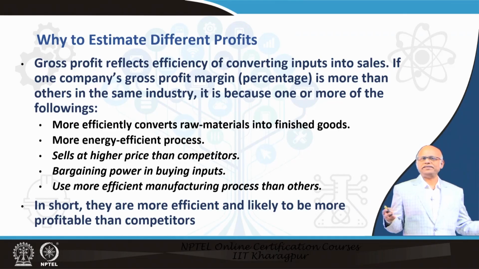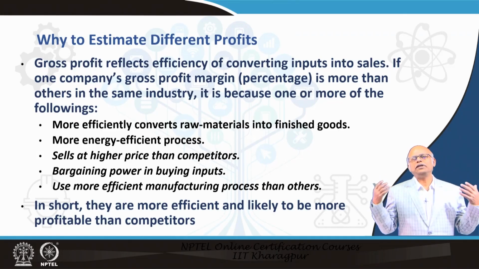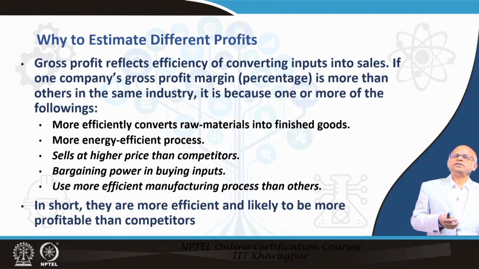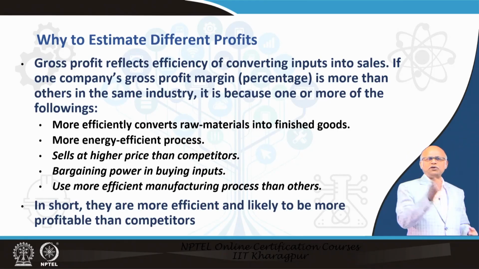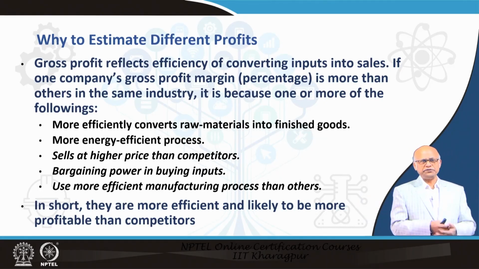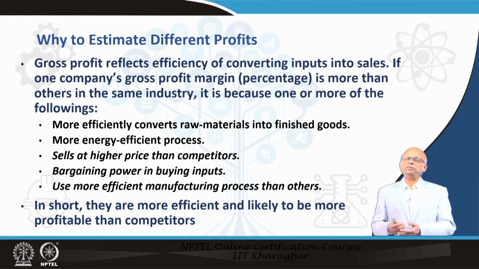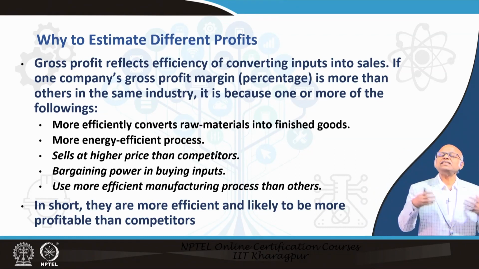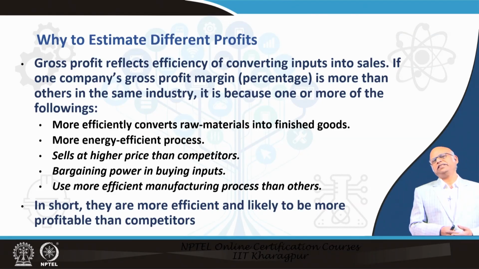Then again there are other factors, we cannot go to that extent, but if you have data, you can estimate what the raw material cost percentage to sales is. If you see that raw material cost percentage to sales is 20% for some company and 25% for another company, then obviously the other company is less efficient in using raw material, or the raw material quality is worse.